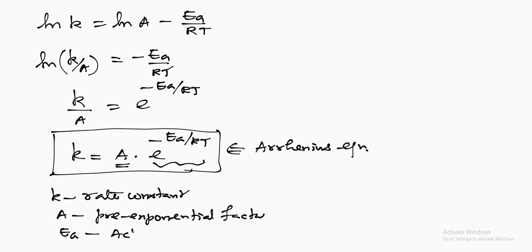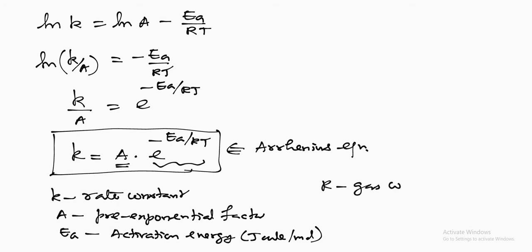EA is nothing but activation energy, or energy of activation, of the reaction, which is given in joule per mole unit. R is nothing but the gas constant, and T is the temperature in Kelvin unit.